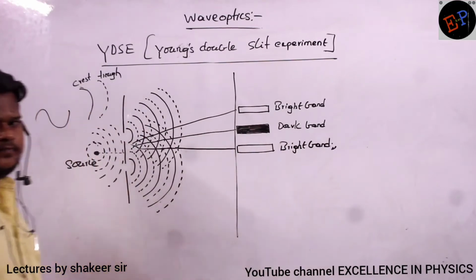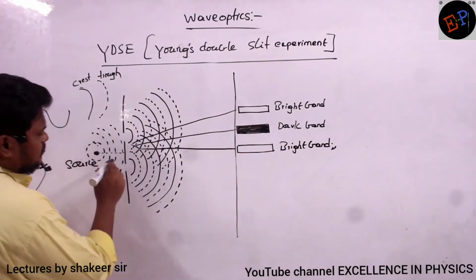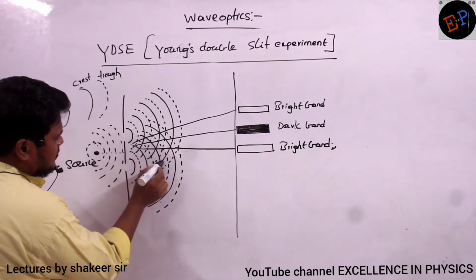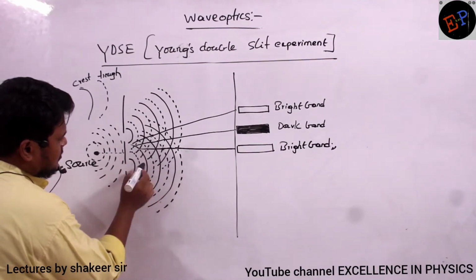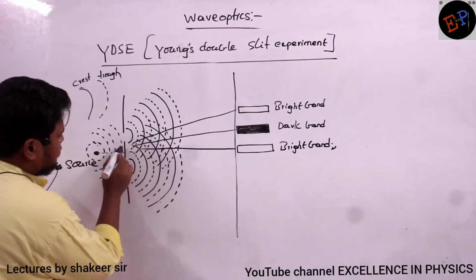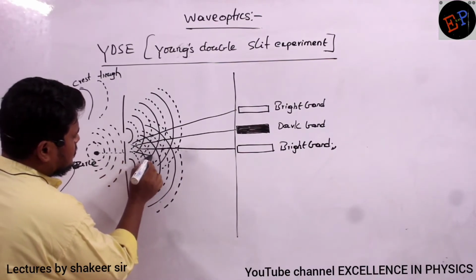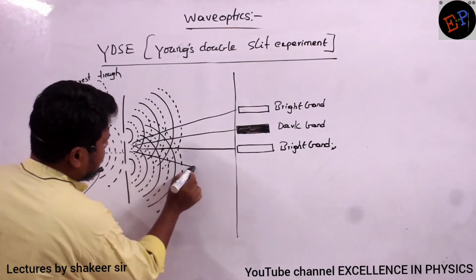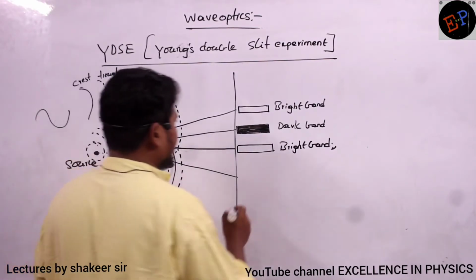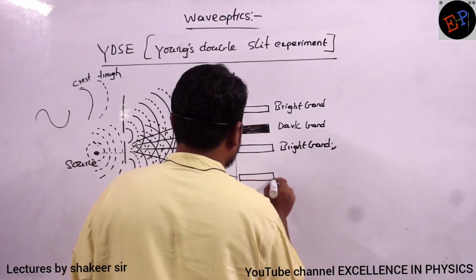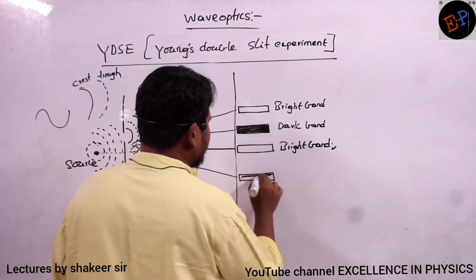Similarly, crest and trough, crest and trough, crest and trough, crest and trough. Here I will find a dark band. The diagram may not be perfect, but I hope you can understand.